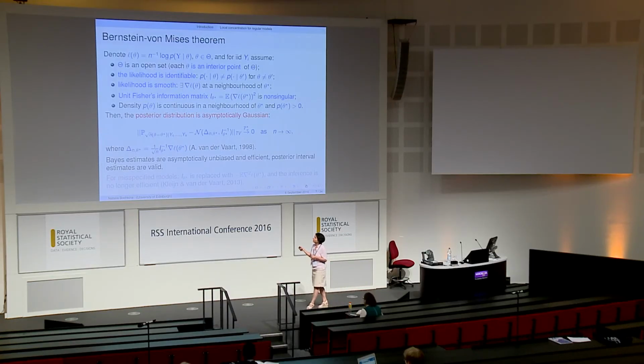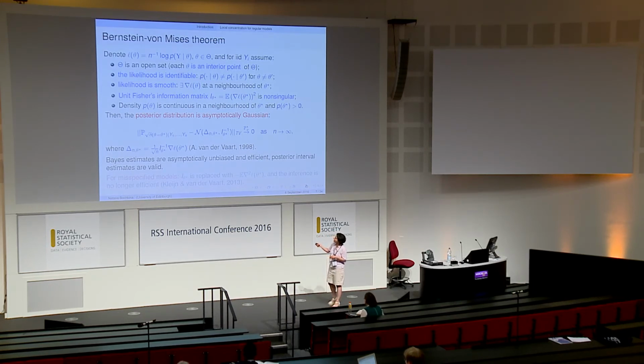So this is the formal formulation of the Bernstein-von Mises theorem for regular models. Effectively, the likelihood is regular: an open parameter space, identifiable likelihood, smooth, finite Fisher information. The prior, which I haven't mentioned, is assumed to be proper with continuous density, at least in the neighborhood of theta star for the well-specified model.